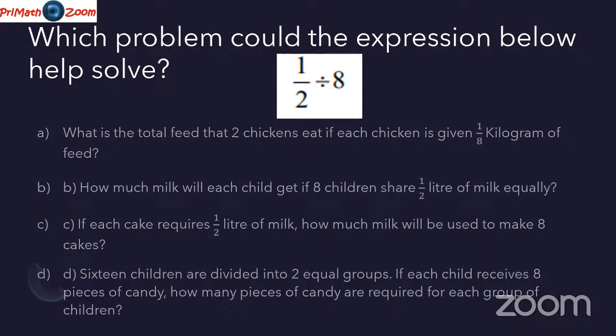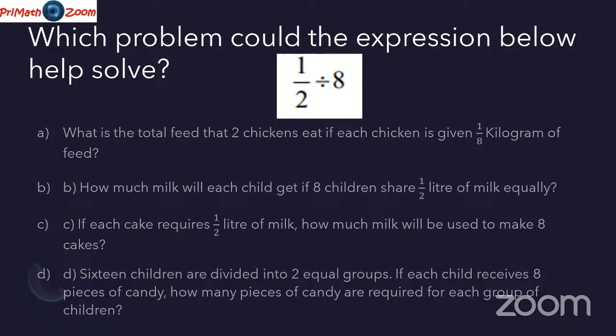First, we need to know how many candies there will be in all. If 16 children get 8 pieces of candy each, how many pieces of candy will there be in all? Then we want to see how much will be in each group.